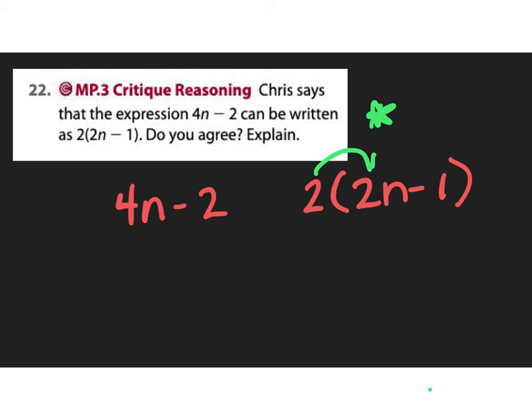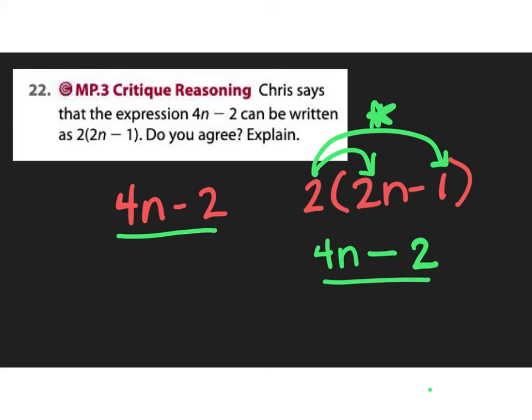Let's multiply. What is 2 times 2n? 2 times 2 is 4, n remains the same. That subtraction sign stays. And 2 times 1 is 2. So it turns out that yes, these two things are equivalent. We do agree that it can be written differently because they are equivalent expressions.